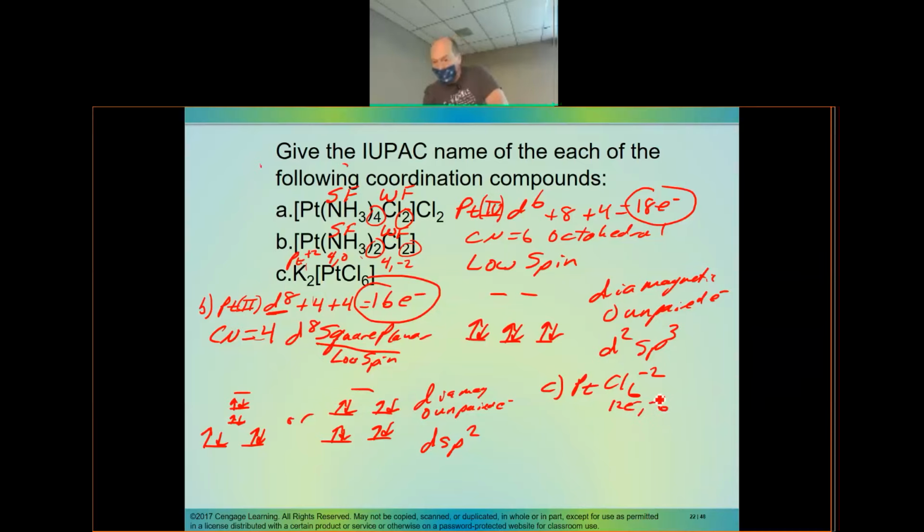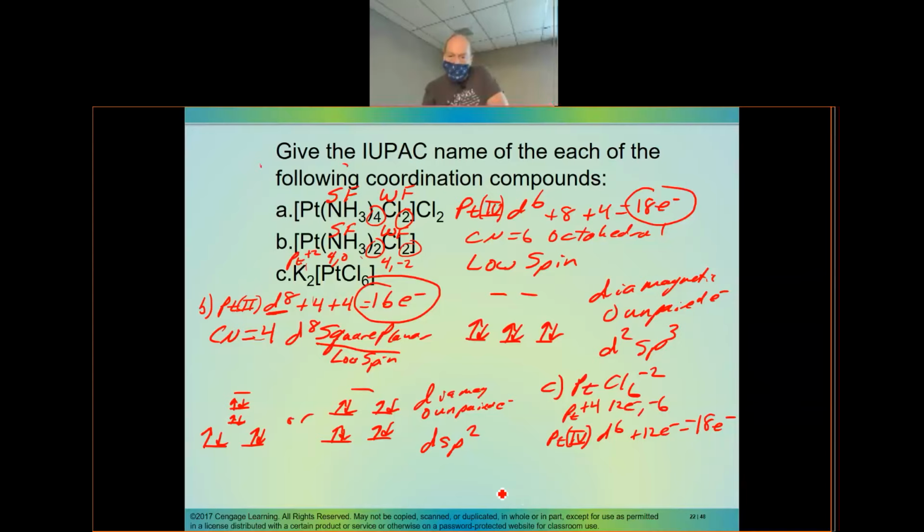In order to get a minus 2 overall, we have to have a platinum that is plus 4. On the periodic table, the number above platinum is 10, so platinum 4 is d6, plus the 12 electrons from the ligands. We have an 18 electron complex. This is a stable platinum complex.